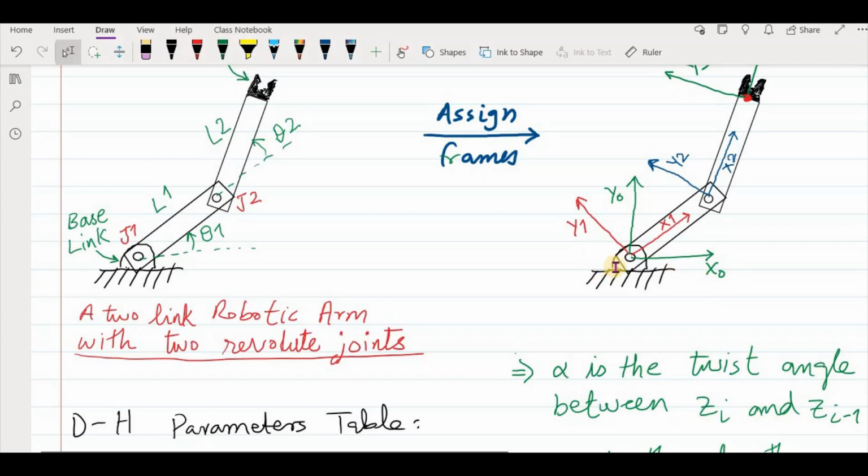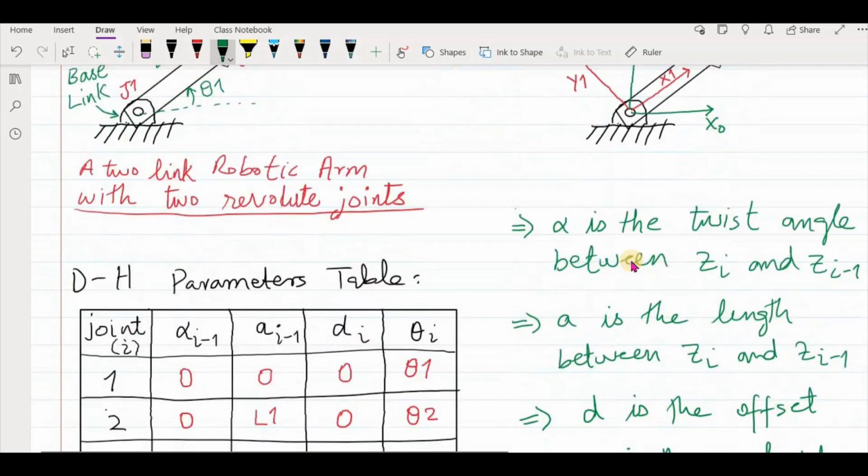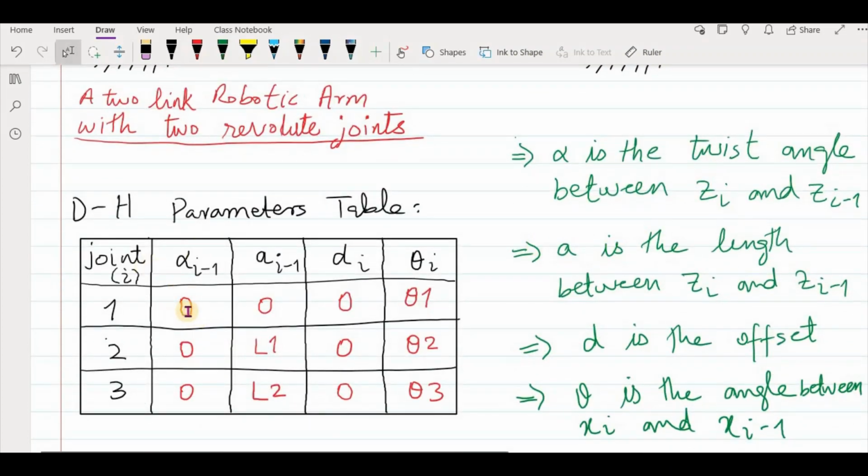Both of these z-axes don't have any angle; they are parallel to each other. They are coming towards you, out of this screen, out of this page, and when there is no angle between them, the angle is 0. That's why the twist angle alpha is 0 here.